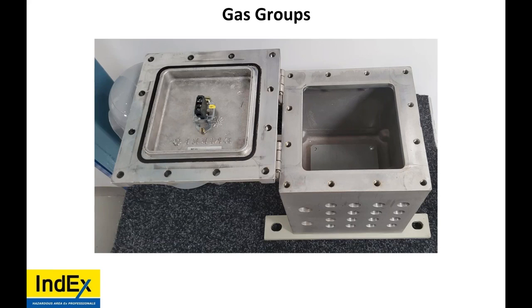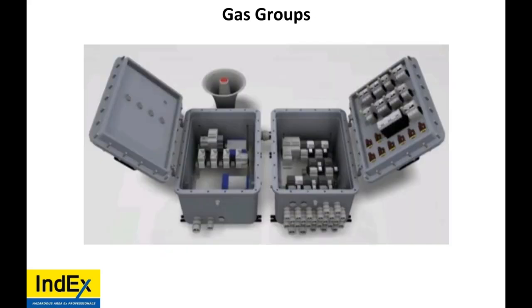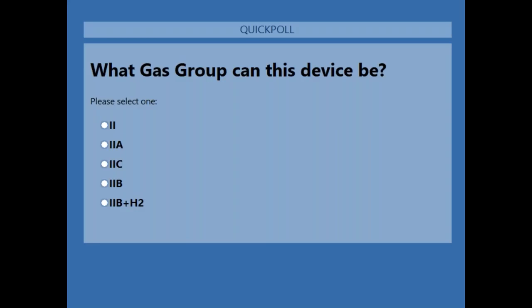So, next one. Now, think of the last question, but this is a spigot type. Let me go back. So a spigot type enclosure, you may have seen it there for a moment, but it's not a flange type.